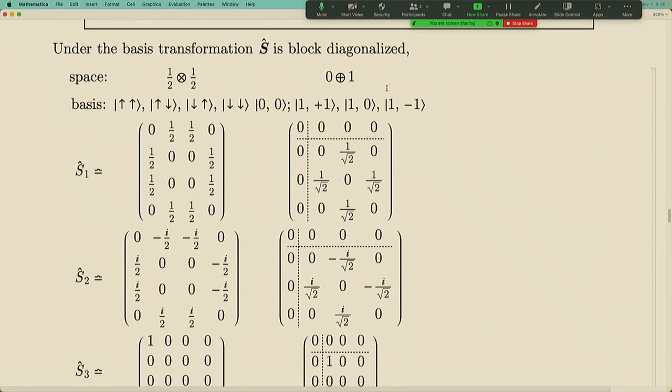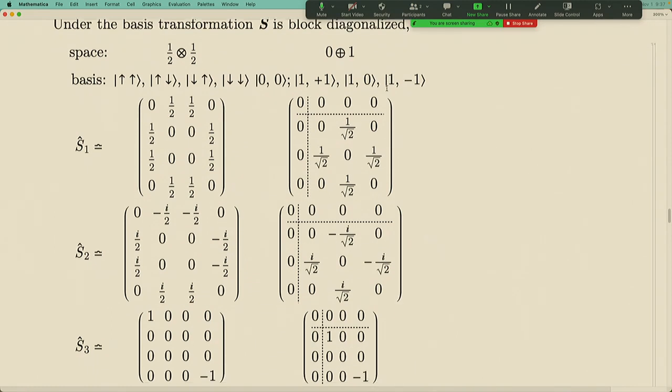And then you can also represent all the S operators. This S operator also has 3 components, Sx, Sy, and Sz. If you represent it in the original spin 1/2 tensor product spin 1/2 basis, in terms of up and down, it looks like these 4x4 matrices.